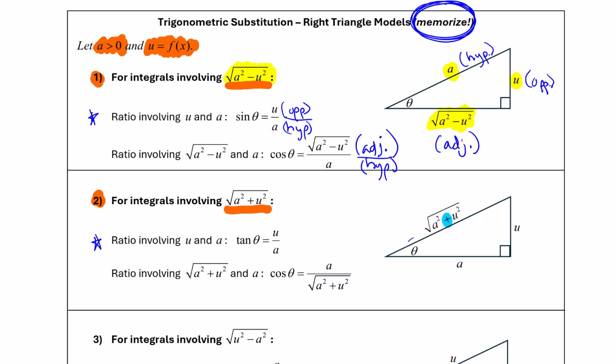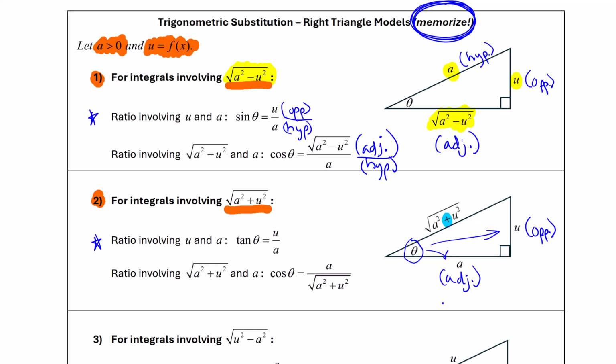This time, in relation to theta, all the way across from theta, where we see the vertical side U, that would be the opposite. And then A is right next to theta, on the bottom horizontal side, so that would be the adjacent. We have a new label for those sides, A and U. They're different than they were in the first model, and that's important to note.